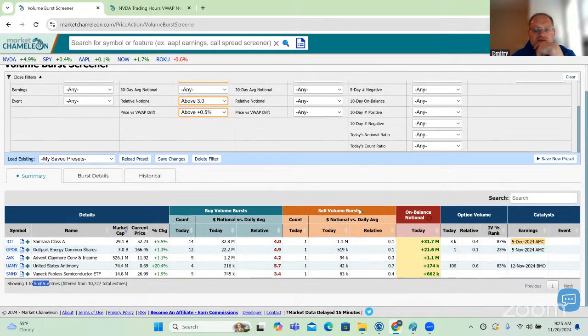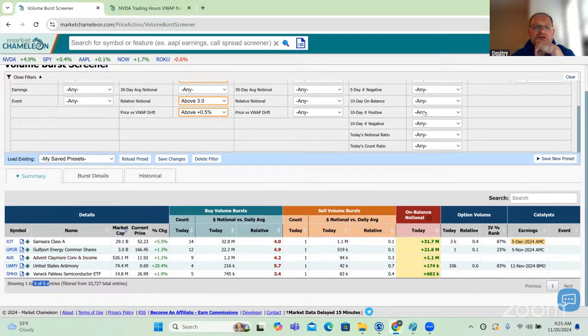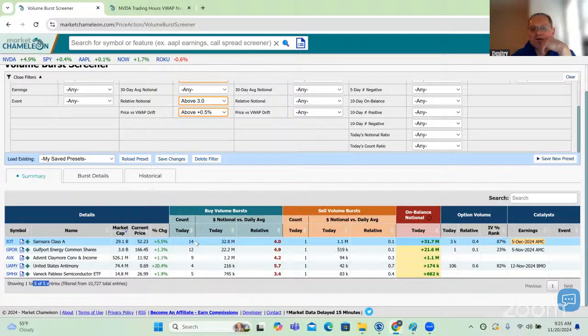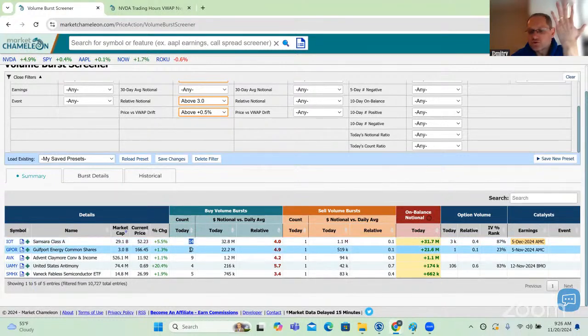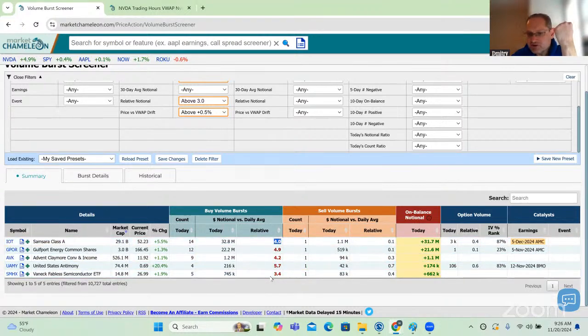All right. So I guess I don't have to go any further, but here's what this is telling us, that in IoT, there were 14 total volume bursts for $32.8 million worth of stock, which is 4 times greater than its average.